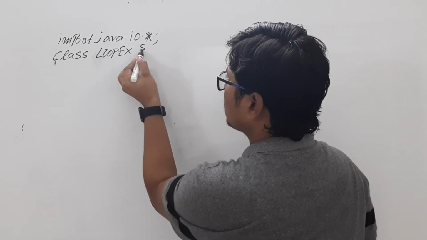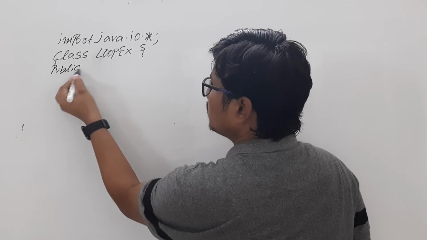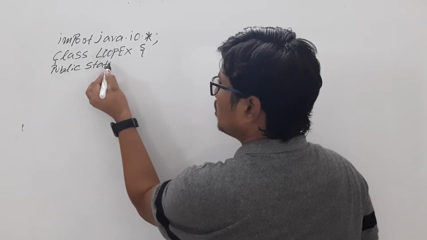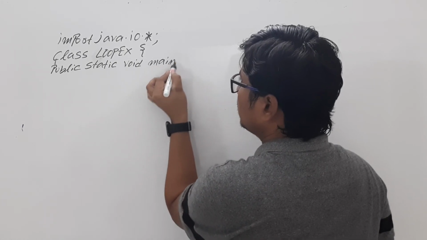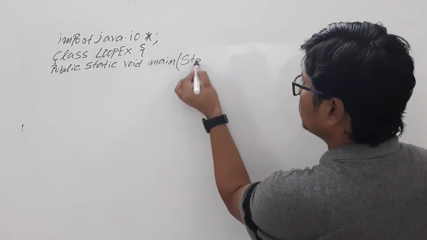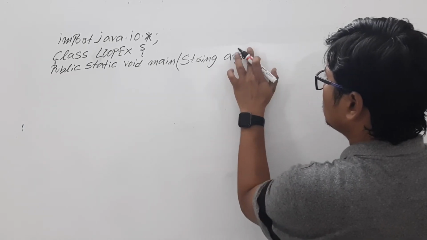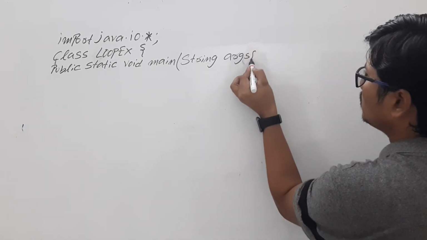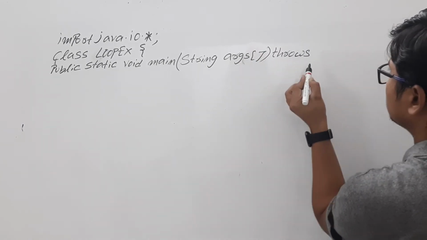Okay, class open, then you can write public static void main, String where S should be capital, String args, then throws Exception.